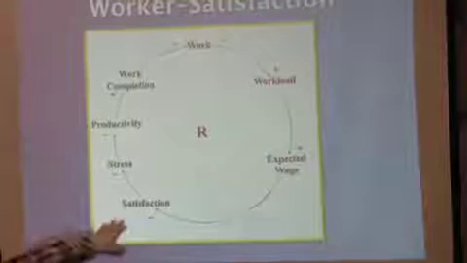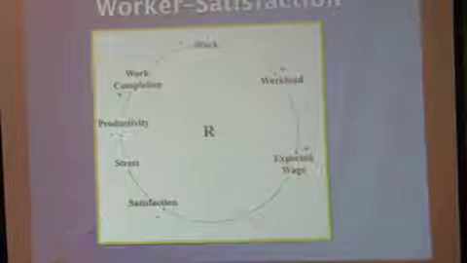And so basically what happens is the amount of work increases, increasing the workload, which increases the expected wage of the people, because when people are working more, they expect more compensation. And since they're expecting more money, but they're not getting it, because you're holding all other things constant, their satisfaction decreases, which increases the amount of stress, ultimately decreasing productivity, which decreases work completion, and finally decreasing the amount of work completed.